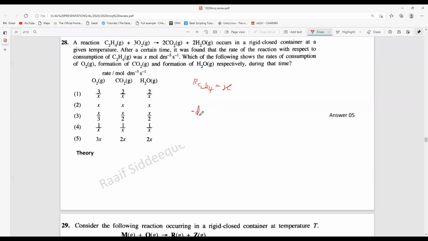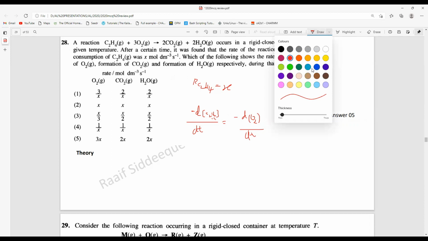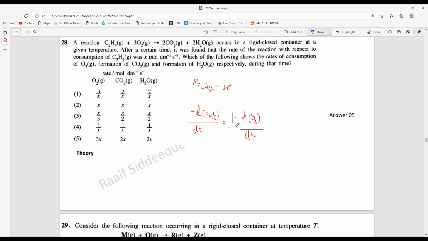So the change in concentration of C2H4 gas over time would be equal to minus, again oxygen is consuming, so minus d[O2]/dt, but you remember we put the reciprocal of the stoichiometry.